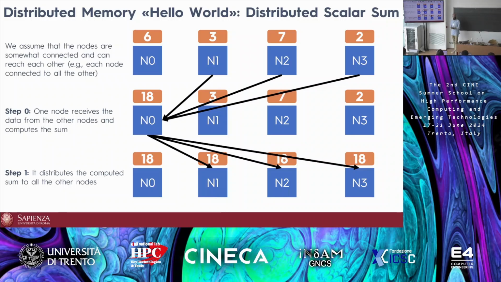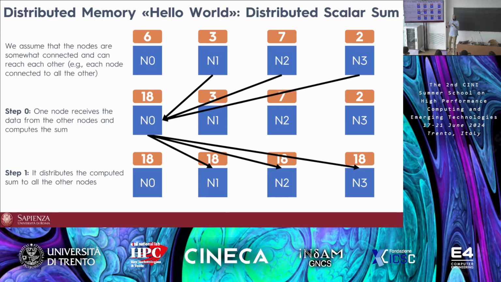There are other programming models for which, for example, you assume to have a global shared memory. So you see everything as a big blob of memory, regardless of where this is allocated, and you just do load and store as you would do with a shared memory system. That again depends on the programming model you use.